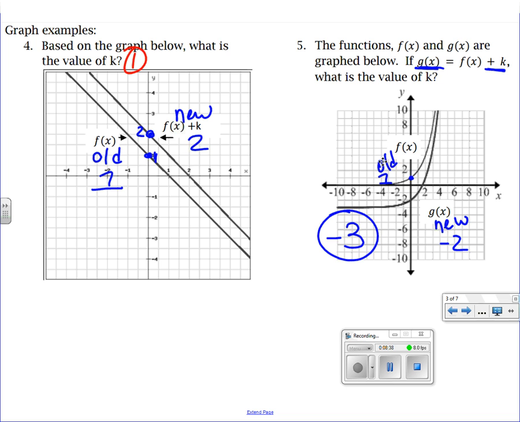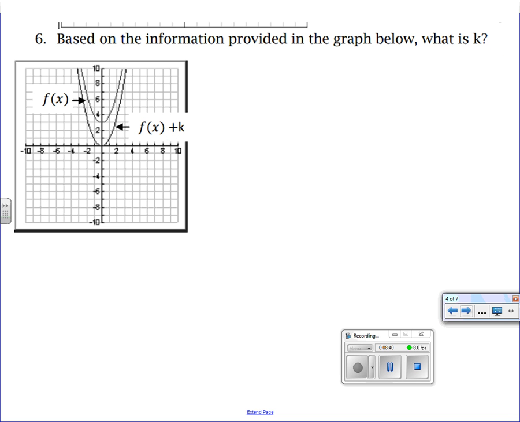Okay. All right. Number 6, Ethan H., which one's the old one, F or f of x plus k? So, Jesse, what is the old y-intercept? It's the inner U. 3. Okay. Not that one. That one's quadratic, remember?